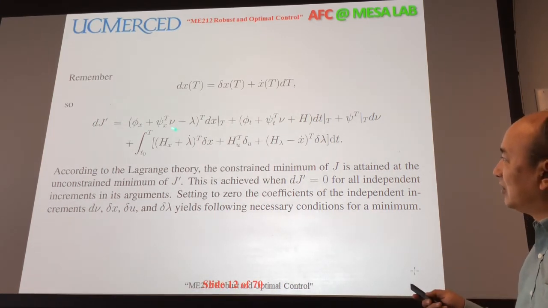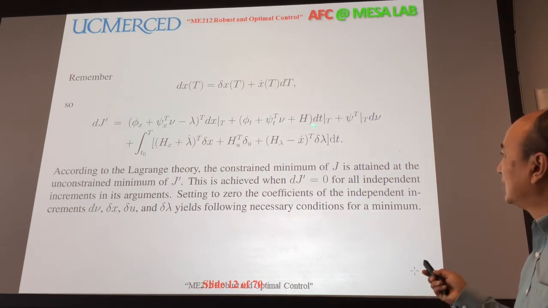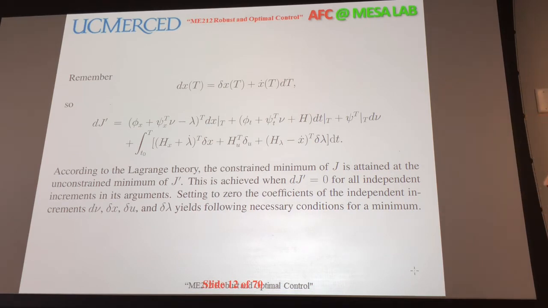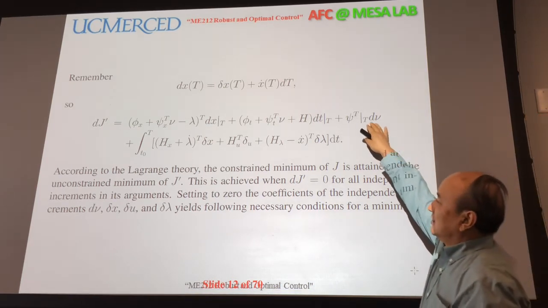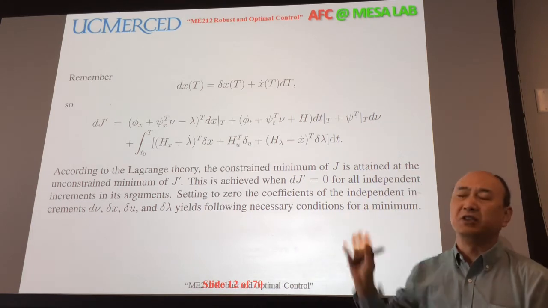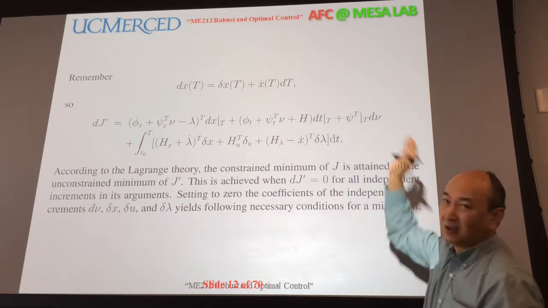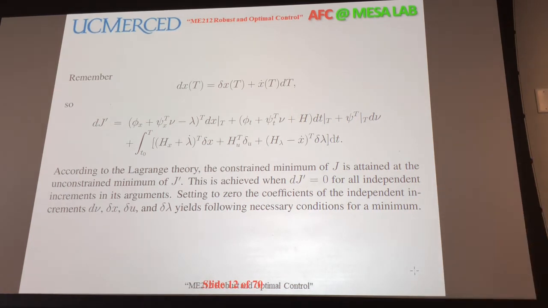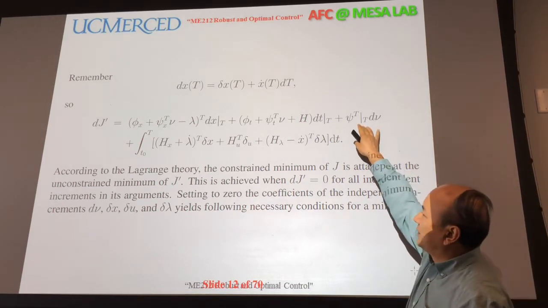But remember, all these here are related to the terminal cost. In fact, a lot of people ignore this because if the terminal is free, everything will be zero in here. I don't care about terminal cost. But otherwise, it is quite complicated to make everything correct in here.